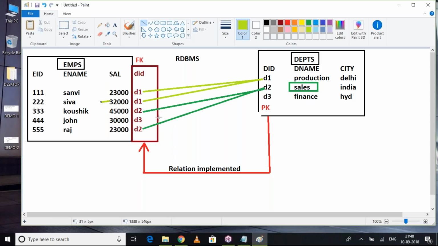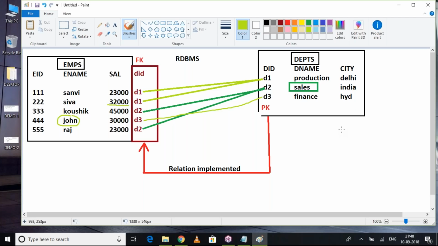He is getting the highest salary. What is the name of the Finance employee? Under Finance, there is only one employee. His name is John.